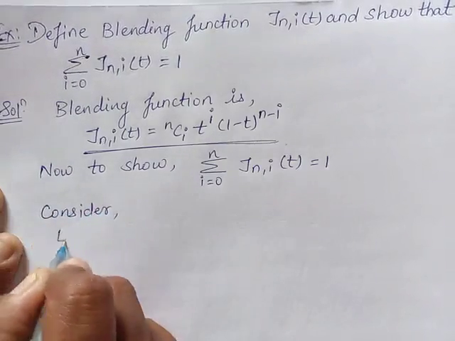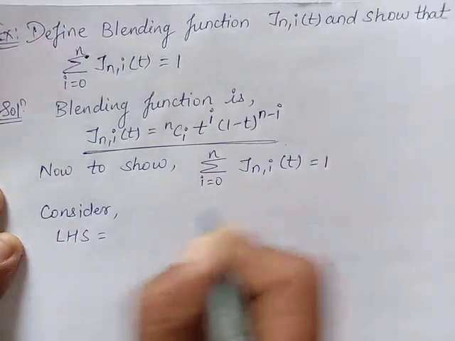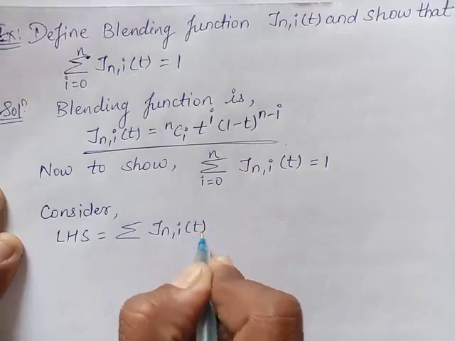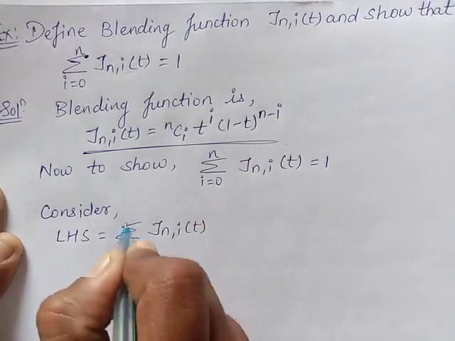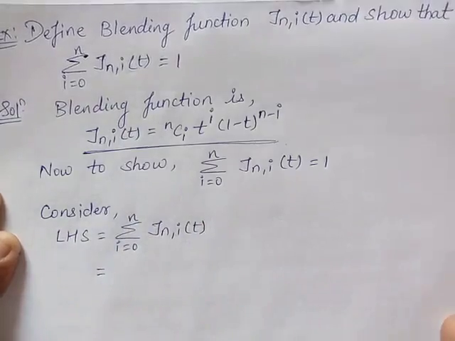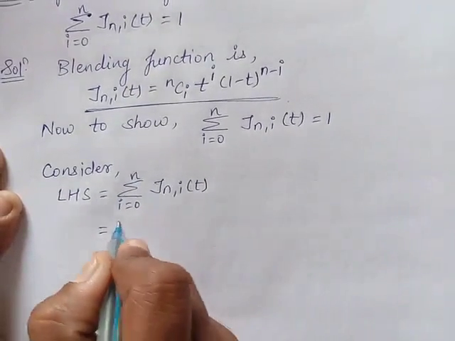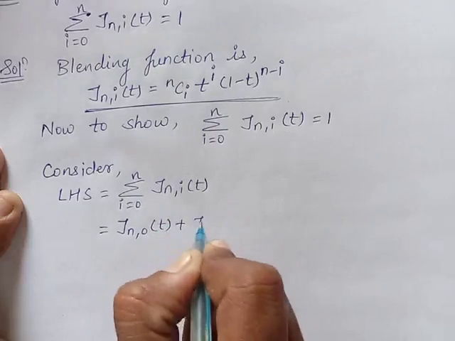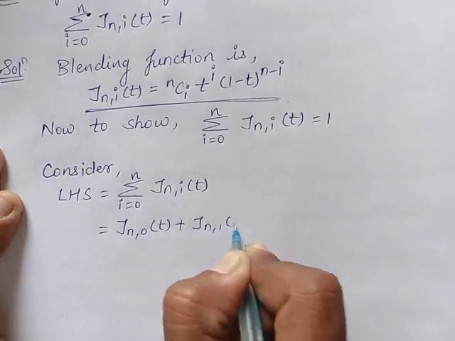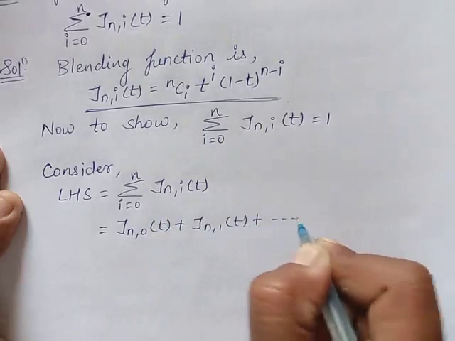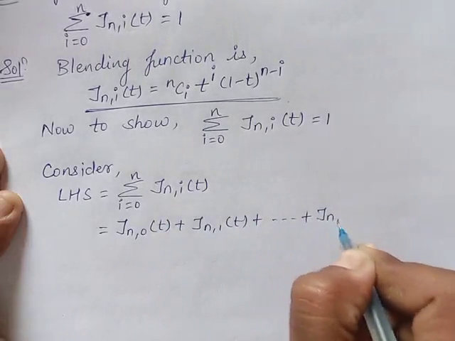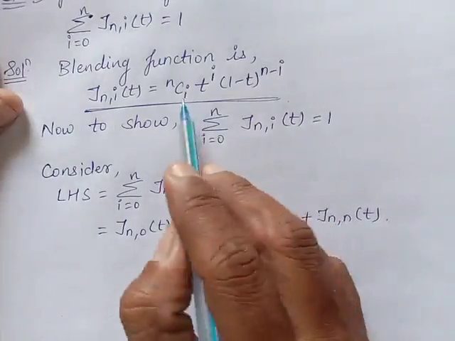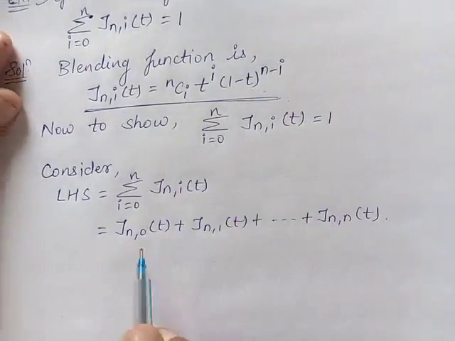So for that, let me consider LHS of it. LHS, what does it? Summation Jni of t, I goes from 0 to n. So let's substitute the value of i. It is Jn0 of t plus Jn1 of t plus so on up to Jnn of t, right? Now from the definition of blending function, let's put the values here.